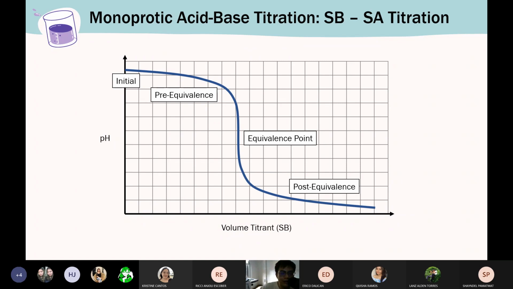Compare yan sa acid kanina wherein you have a low pH. For strong base, strong acid, the graph will flip because your analyte is a base. So, mataas talaga pH niyan. And then, upon adding your titrant, onti yung base, meaning bababa yung pH until it reaches the equivalence and the post-equivalence. Okay?